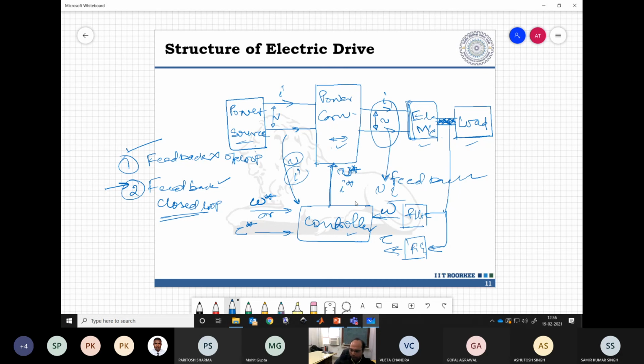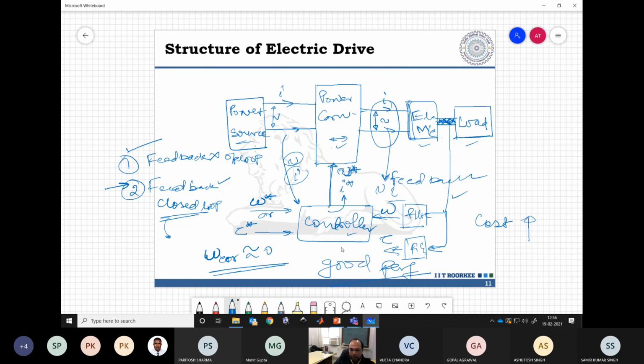Now, based on these things, the controller will decide what should be the reference voltage and reference current generated from the power converter. The beauty of closed loop control is that in most of the systems, we try to make the steady state error close to zero, which means very good performance. And this comes at the additional cost.